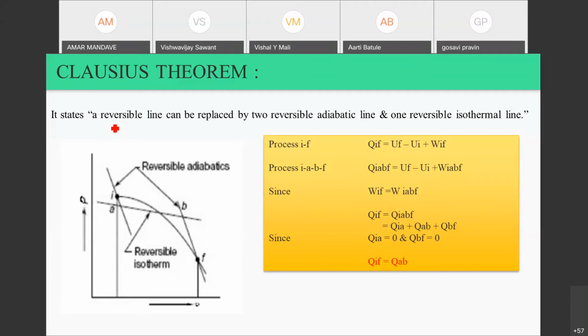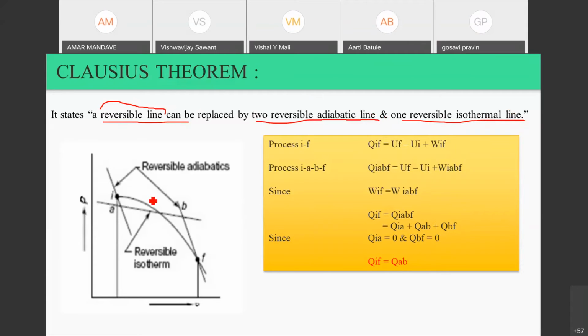It states that a reversible line can be replaced by two reversible adiabatic lines and one reversible isothermal line. Let me repeat the statement: one reversible process can be replaced by two reversible adiabatic processes and one reversible isothermal process.